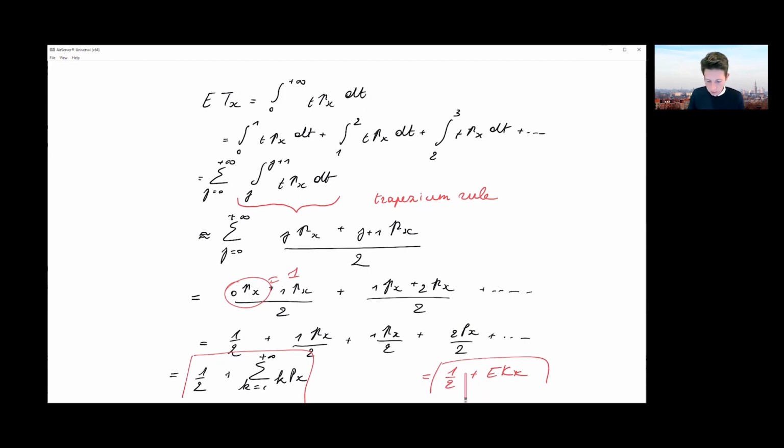And this gives you an elegant connection between the complete future lifetime and the one that is expressed with my curtate future lifetime variable, the Kx. The only thing I need to do is add 1/2. So this is a connection that demographers will often use in practice.